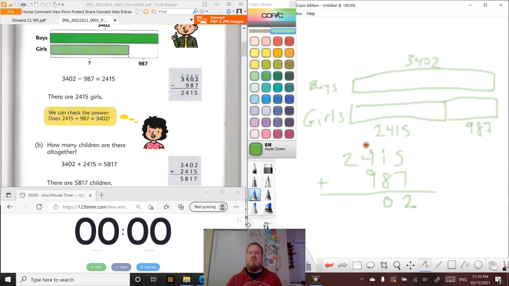So 0 tens and 1 hundred. 1 hundred, 4 hundreds, that's 5 hundreds, plus 9 hundreds is 14 hundreds. 14 hundreds is the same as 4 hundreds and 1 thousand. 1 thousand plus 2 thousands is 3 thousand, so we get 3,402, and that's our right answer. So that's how we can test or check out our answer.